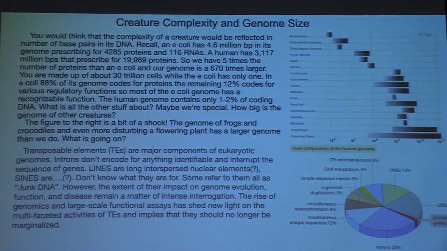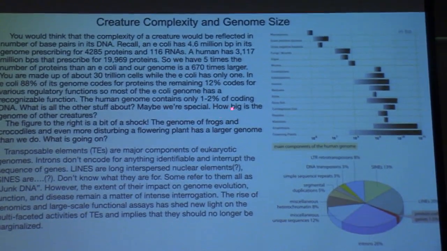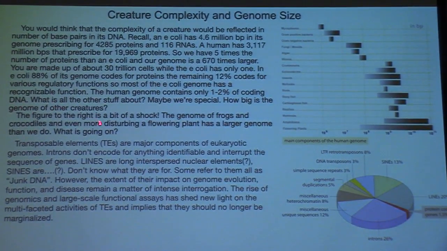Whereas when you look at a human, only about 1 to 2% of that enormous genome is required to make the protein and RNA type molecules that we need. And so what is all the other stuff about? Maybe we're special. How big is the genome of other creatures?